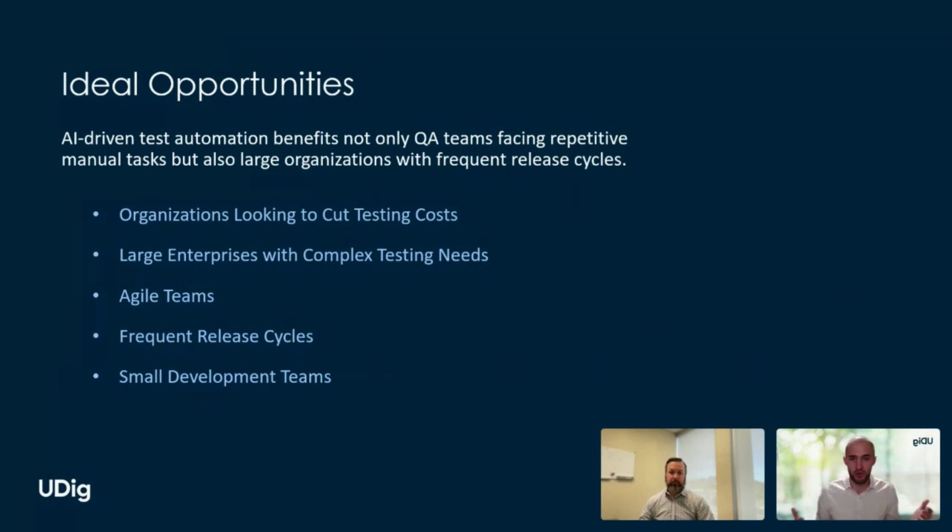Agile teams who need to move really fast. And then small development teams is another big one that we think would be really valuable. If you have a team with limited resources or a specialized QA staff who want to streamline and automate their testing process, we think there are a lot of good fits for this. And we do think a lot of people will be using technologies similar to this in the future.